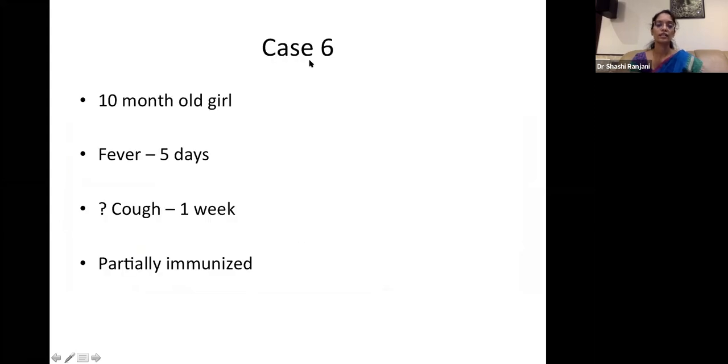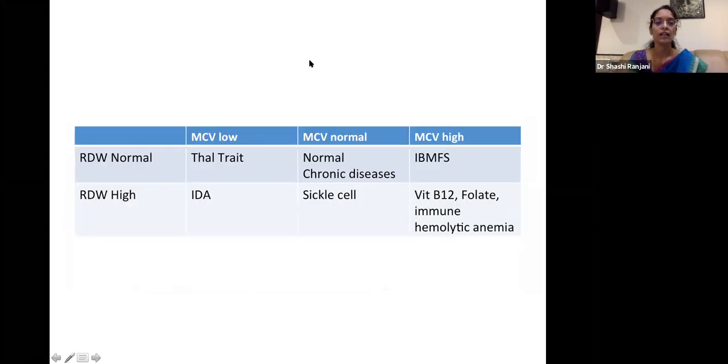So this is a table which shows the relation between RDW and MCV. Most often there's a confusion when there's a thalassemia trait because thalassemia trait and iron deficiency anemia have almost the same CBC reading. So if the MCV is low and the RDW is normal, that means it's most likely to be a thalassemia trait because in an iron deficiency anemia, the RDW is going to be high.